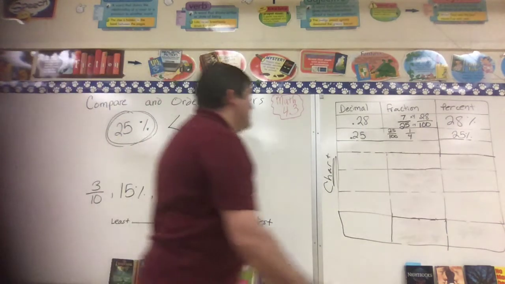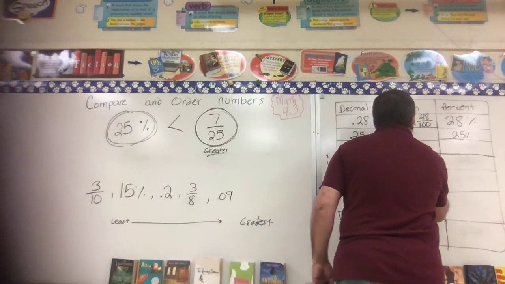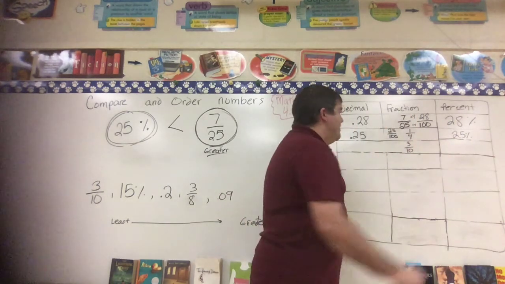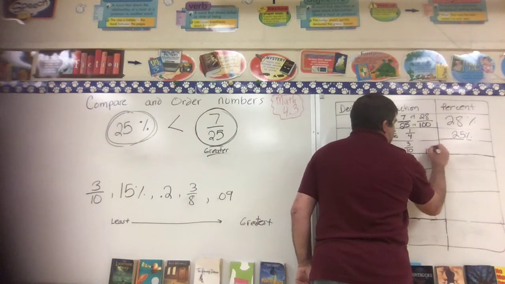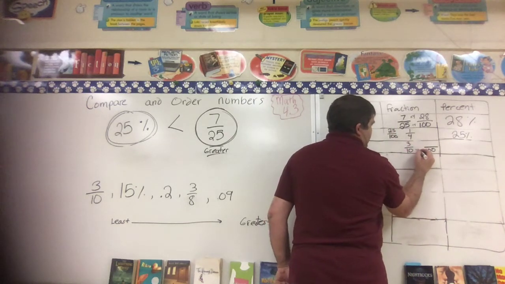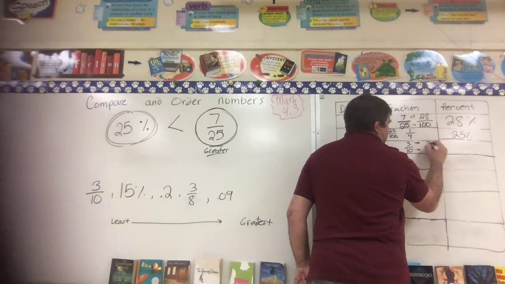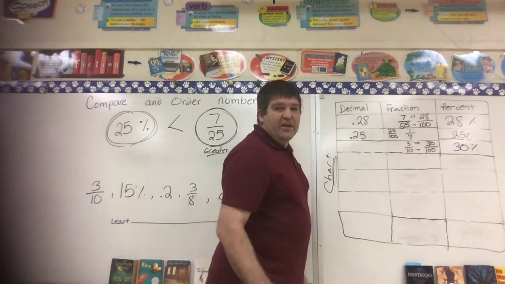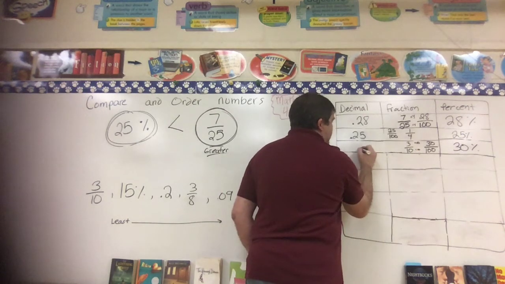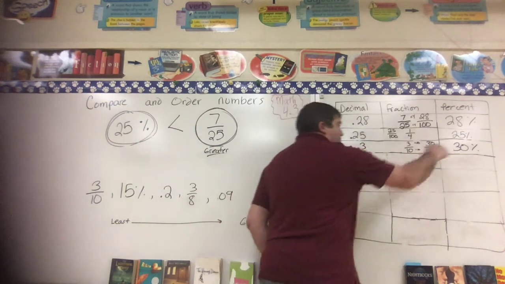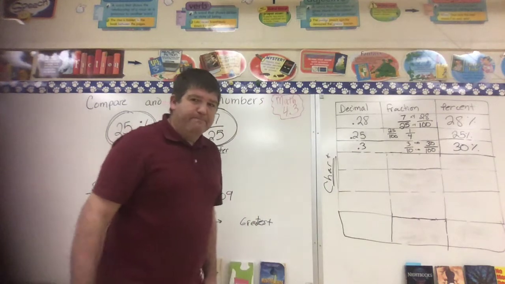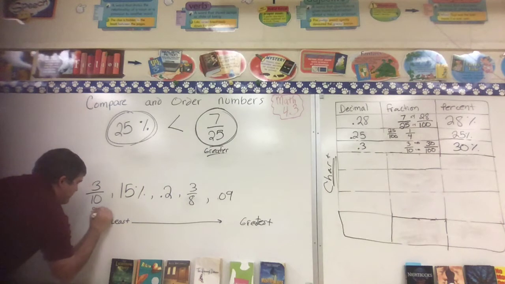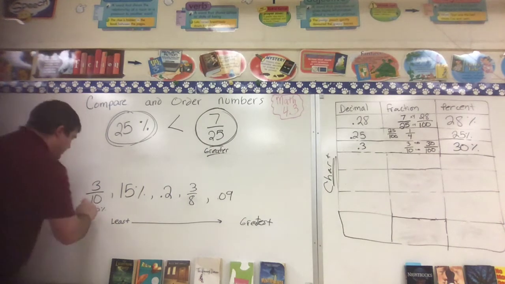So 3/10 is a fraction. And to get that one from here to a percent, I could go like this, times 10, times 10, which would be 30. So that is 30%. I could have also gone 3 divided by 10 is 0.3, and then over 2 to get 30%. All right, so now 3/10 I know is 30%. I put that one right below it.